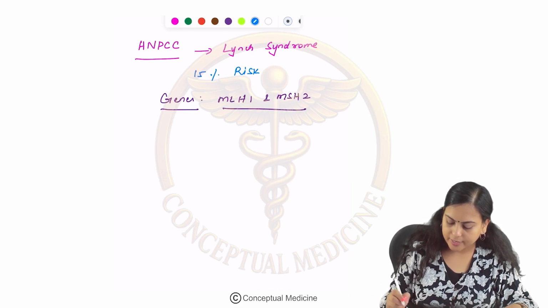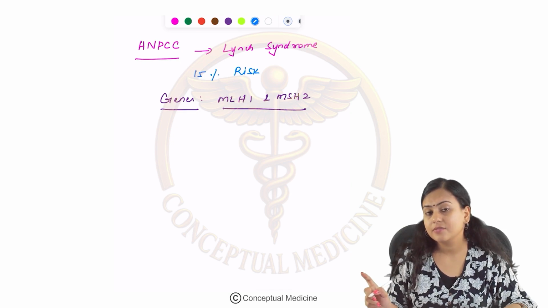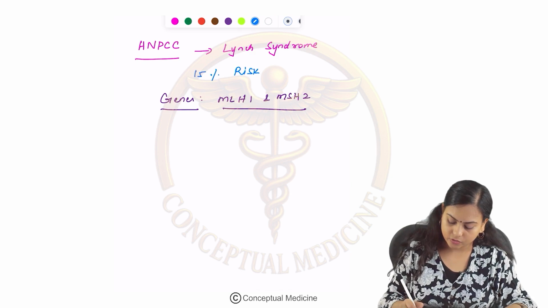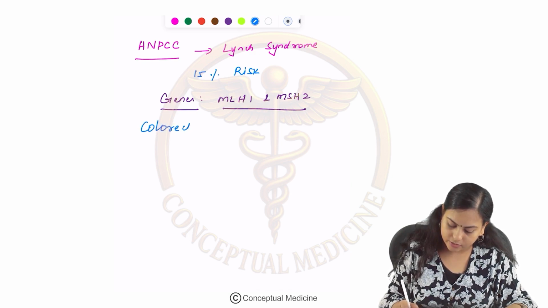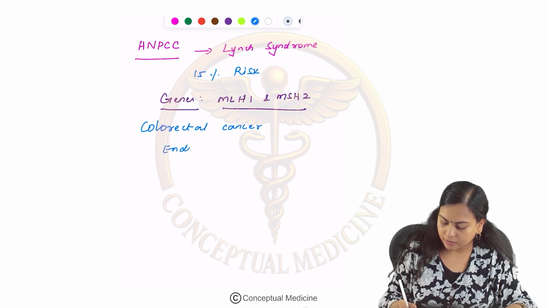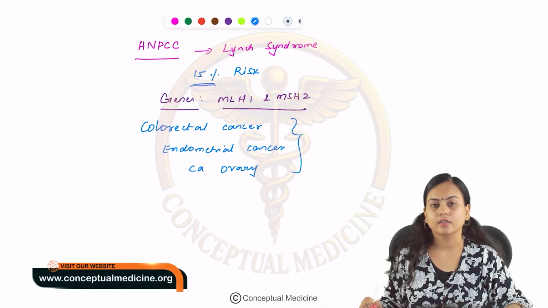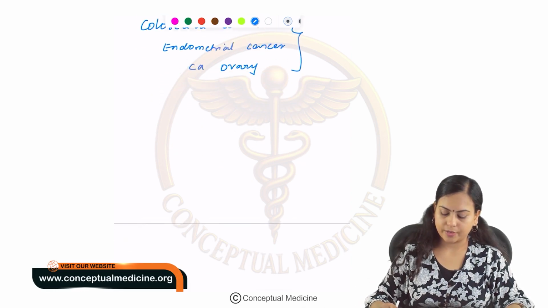And most commonly, the name itself is saying hereditary non-polyposis colorectal cancer. So, most commonly seen cancer is colorectal cancer, then it can be your endometrial cancer, then comes your CA ovary. So, that's why I told you it is 15% risk to cause CA ovary, right?